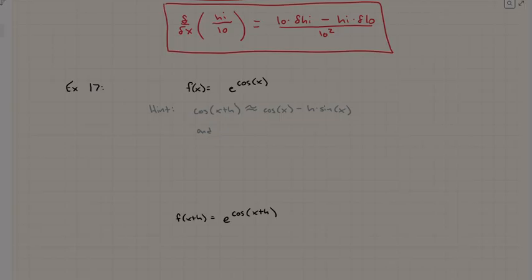And e to the power of some u will be basically equal to 1 plus u, only for very, very small values of h or u. All right, so we'll see where it comes in later, but that type of hint would have to be given with the problem in order to solve this one.